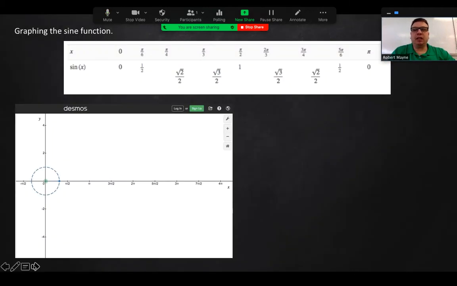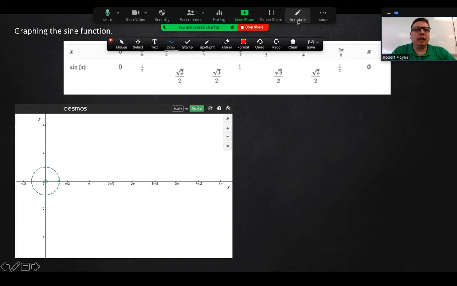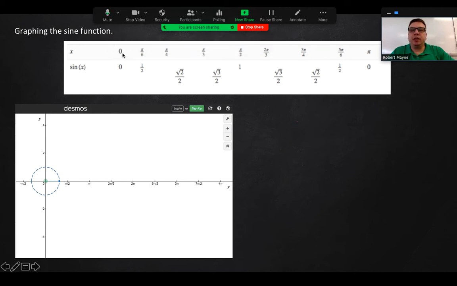So the first thing I want to point out is that I'll annotate here, but what we know is we have the values 0, pi over 6, pi over 4, pi over 3, pi over 2. We know these are all the values that are in the first quadrant.